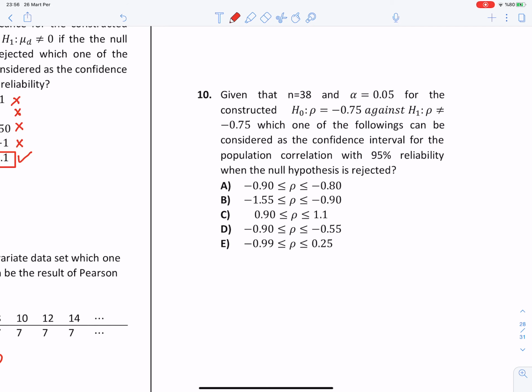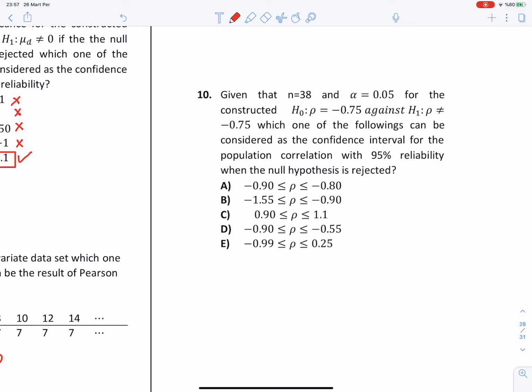Given that n equals 38 and the alpha level of significance is 0.05 for the constructed null hypothesis, rho equals minus 0.75 against the alternative, rho is not equal to minus 0.75, the question is, which one of the following can be considered as the confidence interval for the population correlation with 95% reliability when the null hypothesis is rejected?